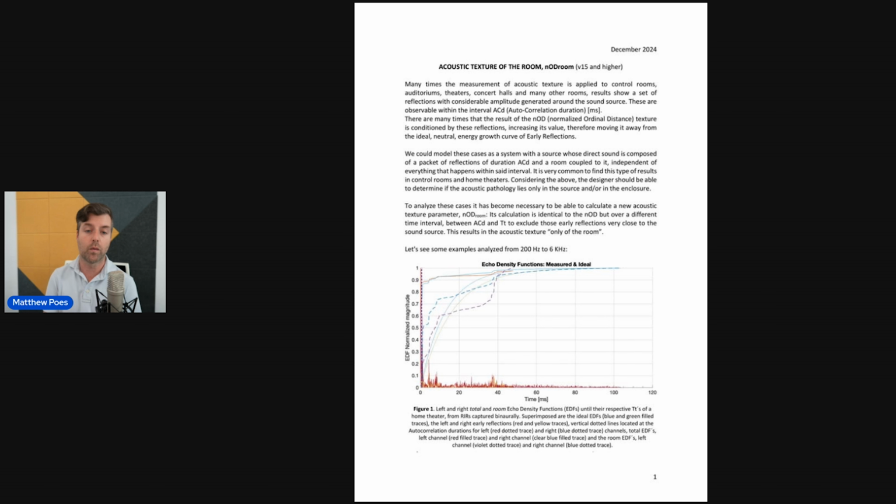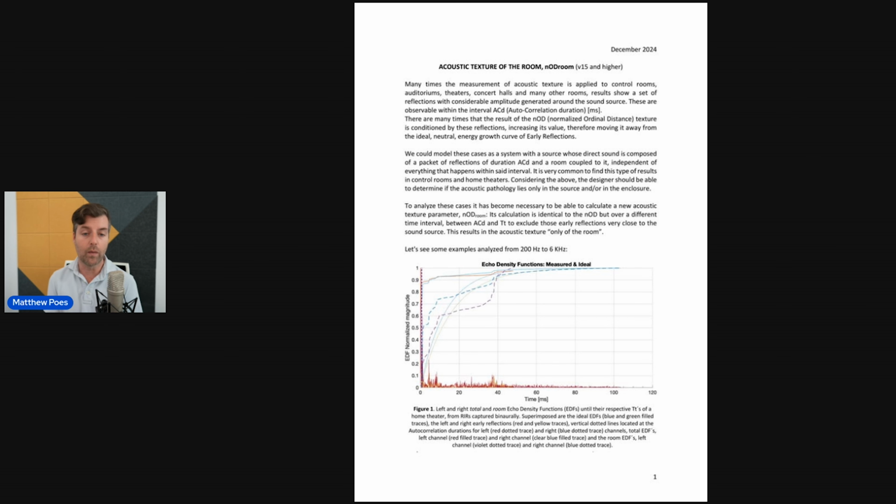And the results show a set of reflections with considerable amplitude generated around the sound source. In other words, the speakers. These are observable within the interval ACD, the autocorrelation duration value. There are many times that the result of the normalized ordinal distance texture is conditioned by these reflections, increasing its value, and therefore moving it away from the ideal neutral energy growth curve of early reflections.